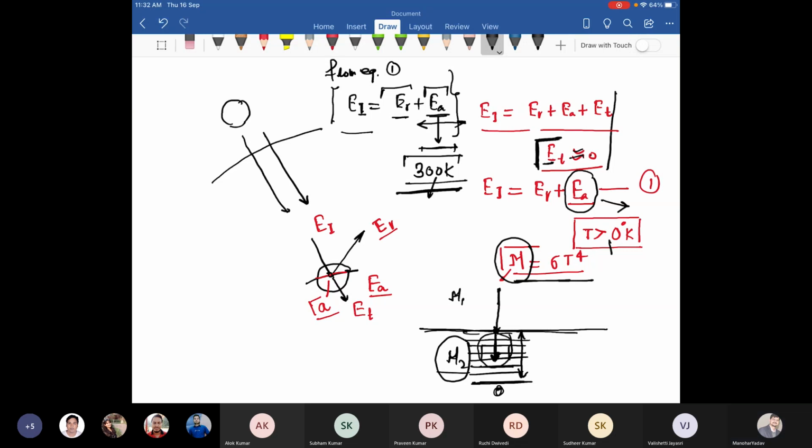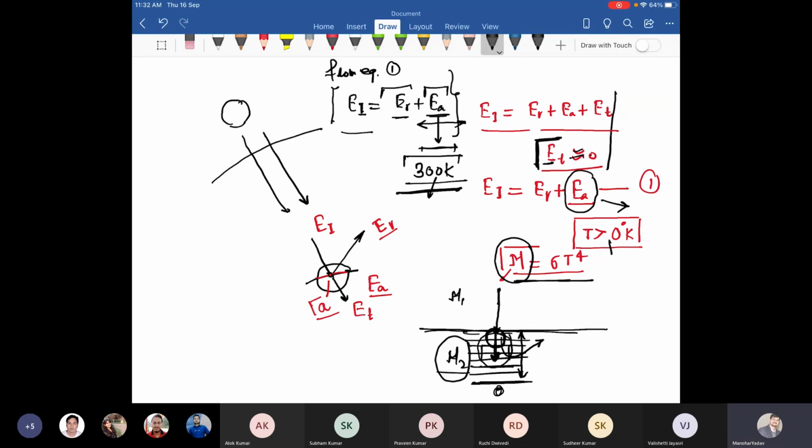But still, we have the absorbed component. This material will absorb the energy, and we again consider the law of conservation of energy: due to the absorption of energy, it will raise the temperature of the material.